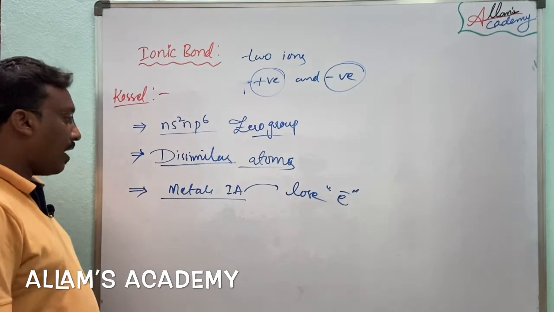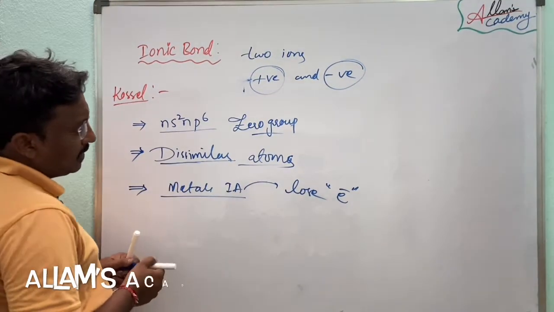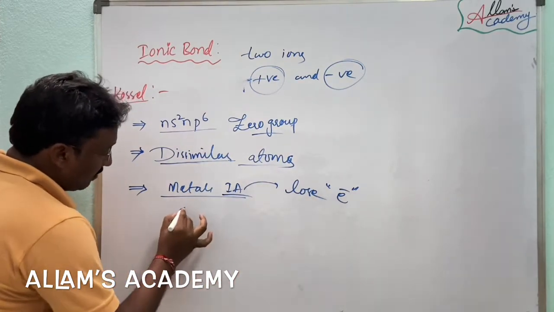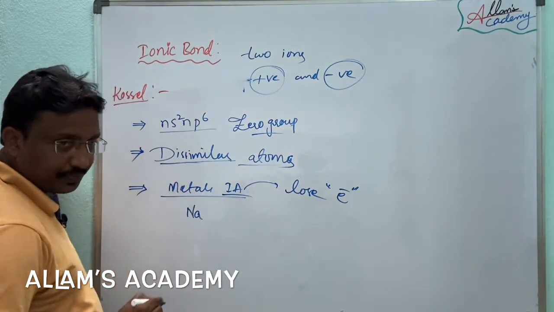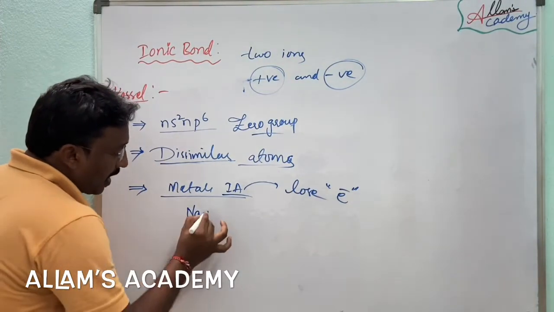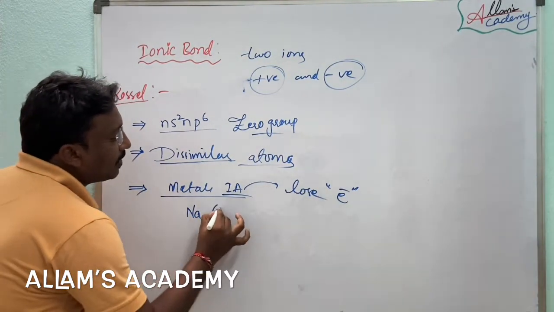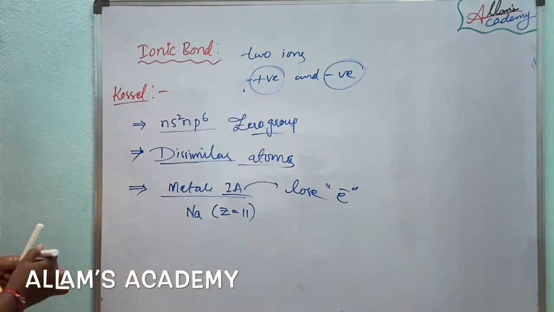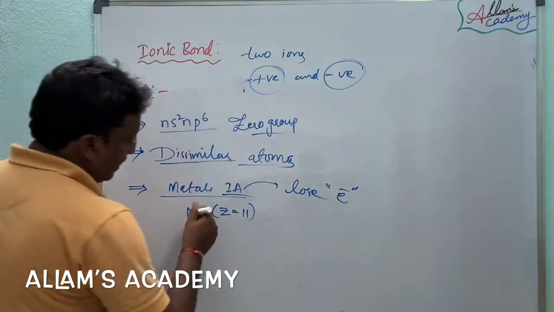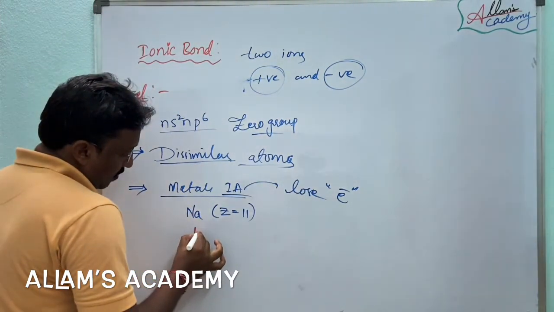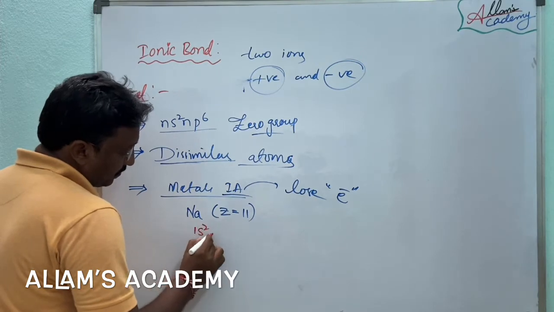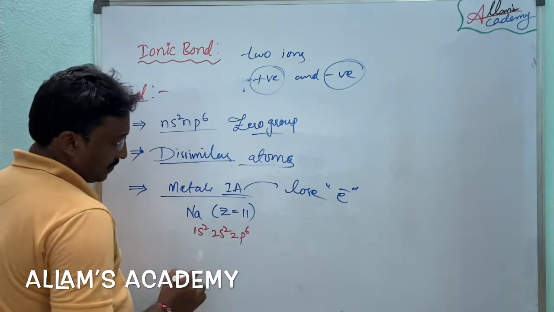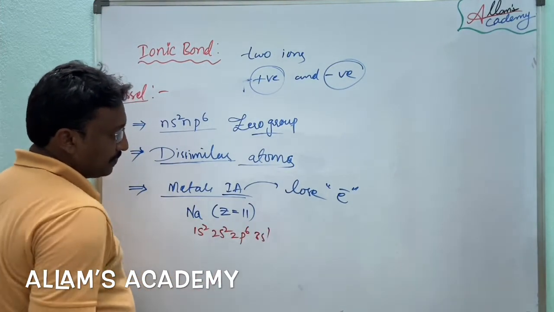Metals like 1A group elements lose one electron. For example, sodium. Sodium's atomic number is 11. Its electronic configuration is 1s2, 2s2, 2p6, 3s1.